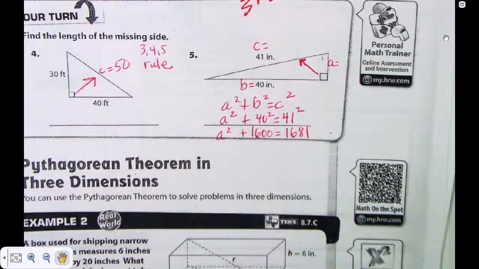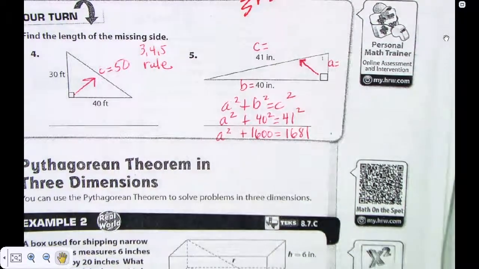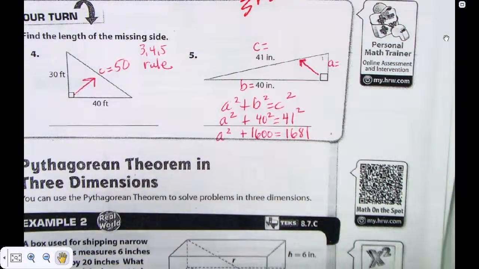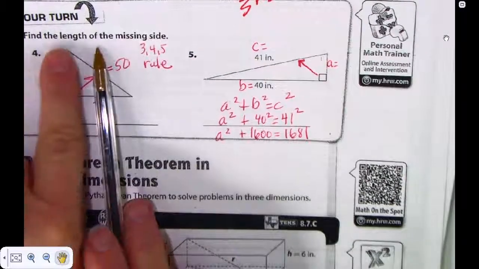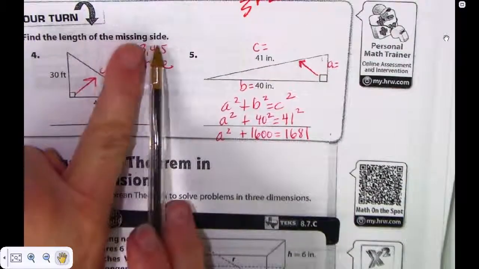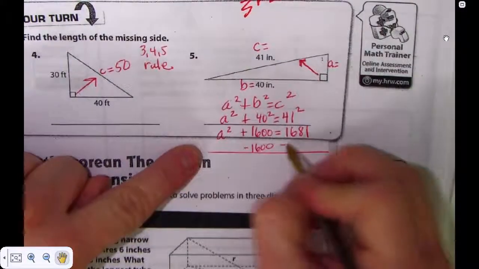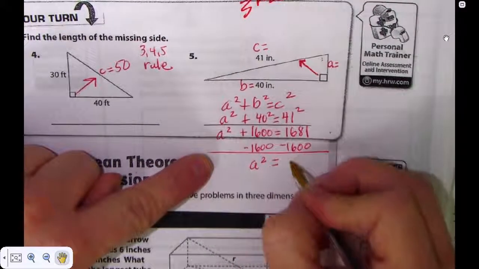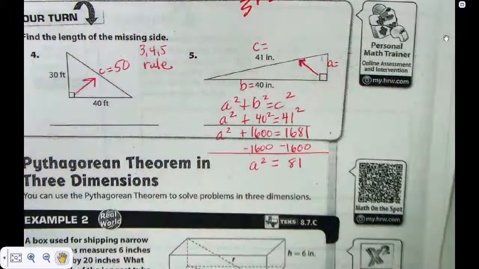No. So, if you've learned to do order of operations correctly, if you've learned to solve equations correctly, then this is simple. We are trying to get down to A, right? Because what do we want? The length of the missing side. So we're going to subtract 1600. Get A squared equals, oh, we didn't need a calculator for that.